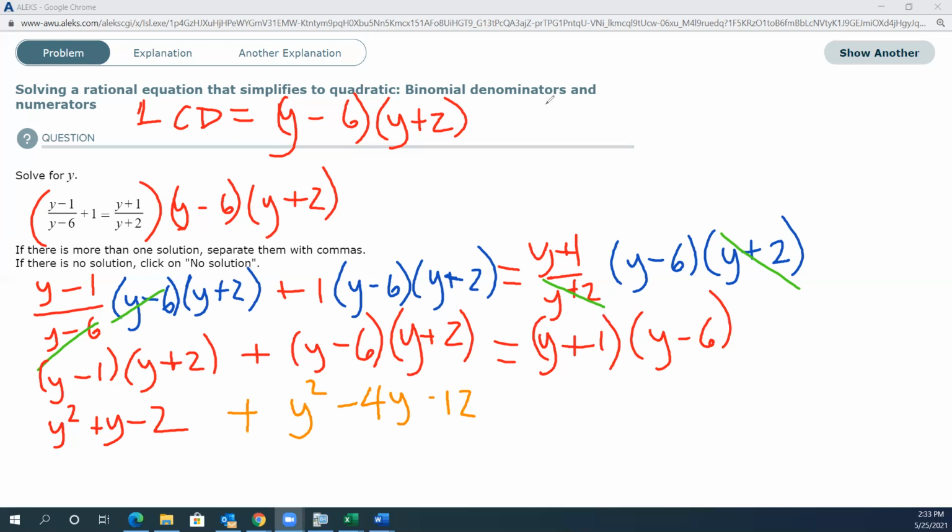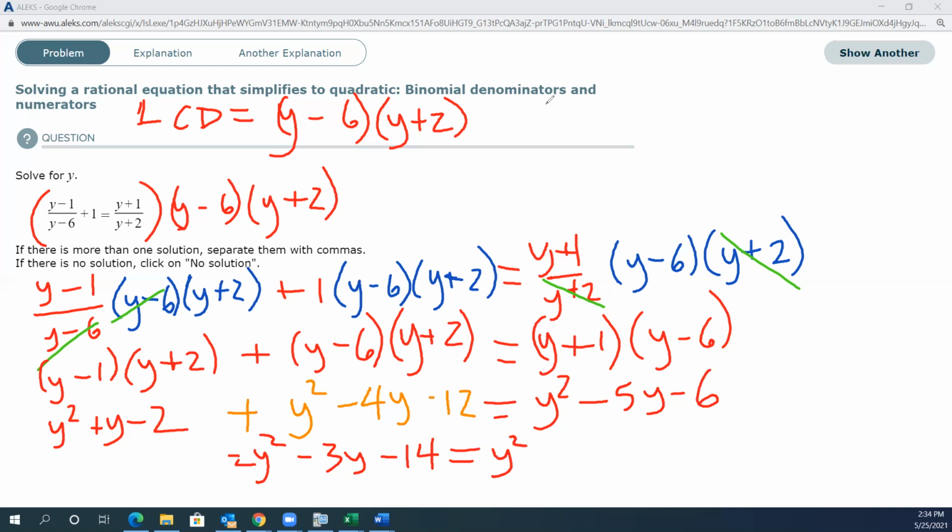And then when I multiply these out, y squared minus 5y minus 6. Now let's combine the like terms on the left side of the equation. That'll give us 2y squared minus 3y minus 14 on the left, and the right didn't change.